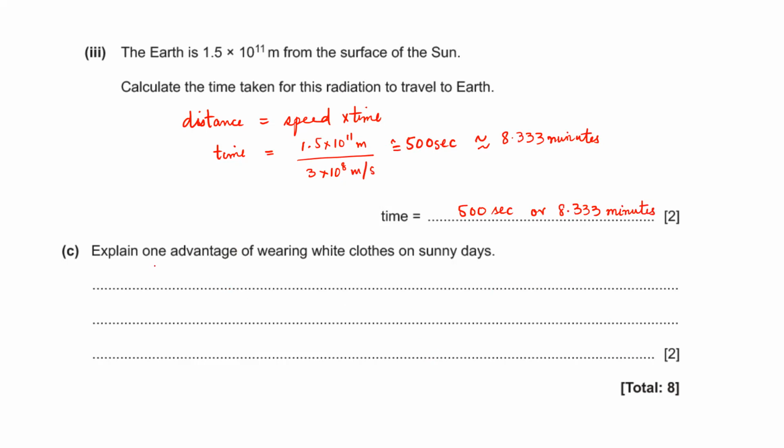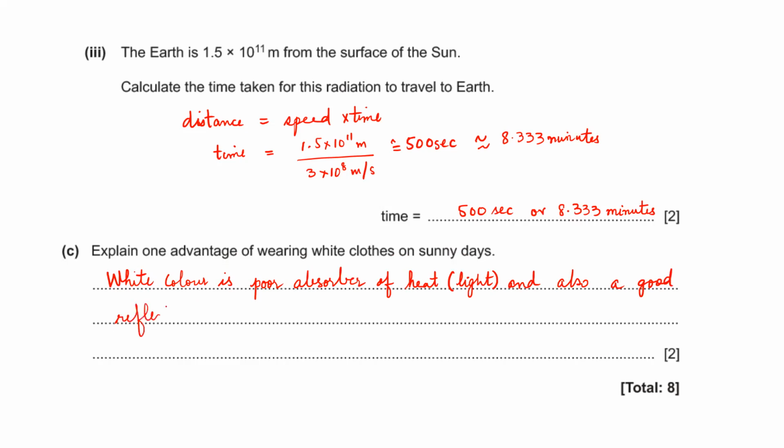Then part C, it says explain one advantage of wearing white clothes on sunny days. So remember, white color is a poor absorber of heat, or you can say light, and also a good reflector of light.